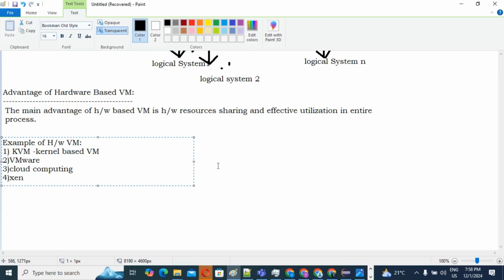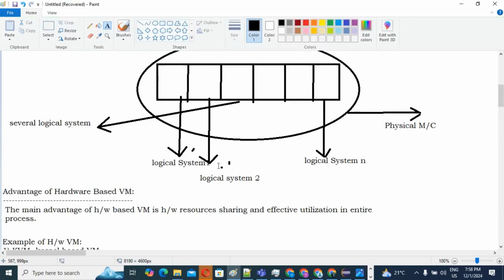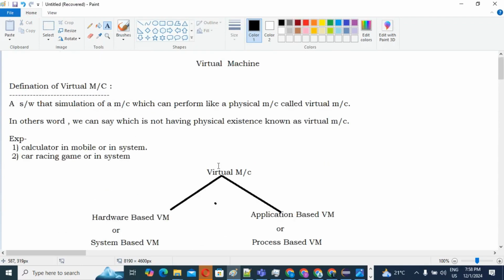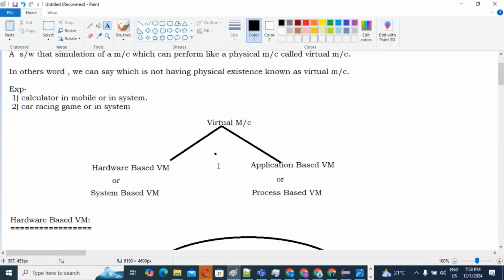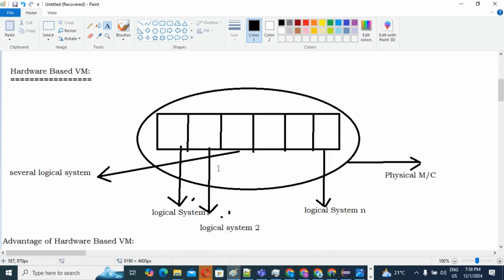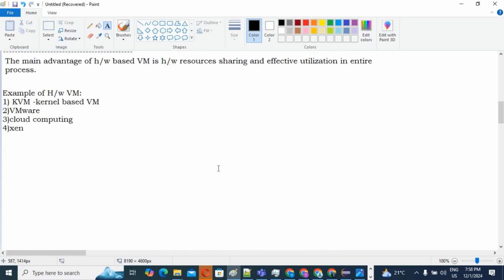So this is the complete information about the hardware based virtual machine, which is called a system based virtual machine. And you need to understand that the hardware based virtual machine is mainly associated with the admin role.